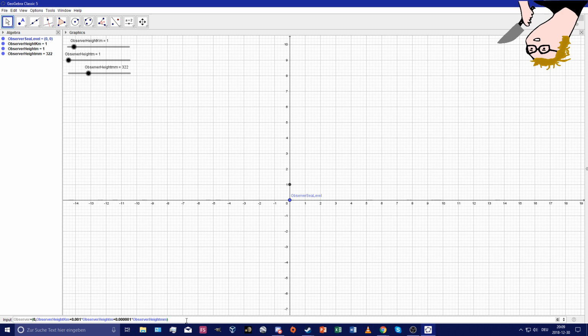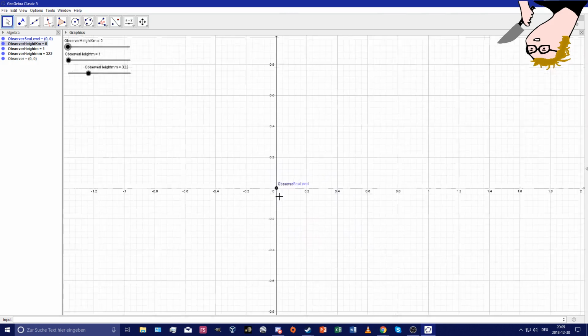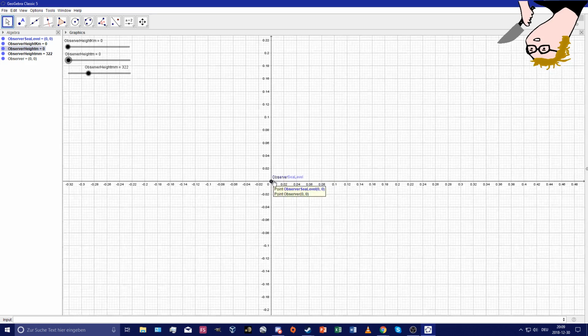Okay, let's save this. Obviously we get our point observer, and now we can change his height in kilometers over here. We can change his height in meters. If I zoom, by the way, obviously this live stream will involve a lot of zooming. In meters. So for example, right now it's set to 100 meters of height over sea level.